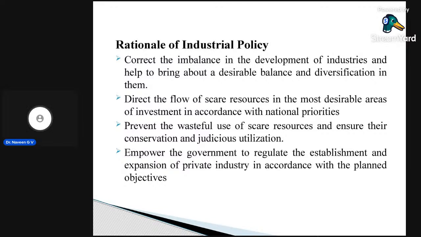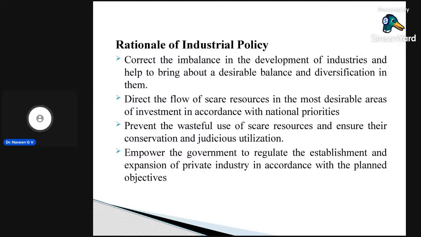As we know, there are some differences that should be maintained. That is treated as an imbalance that should be balanced by our industrial policies, and they help to bring about the desirable balance and diversification in industries, and direct the flow of scarce resources to the most desirable areas of investment in accordance with national priorities.